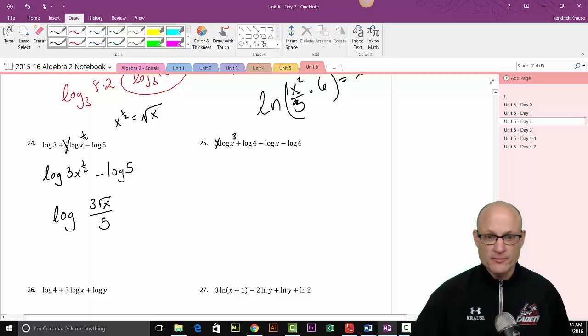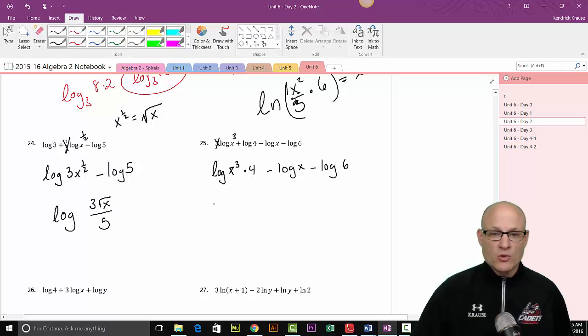Return exponents, 3. And that's it. So this becomes log of x cubed times 4 minus log x minus log 6. Or in other words, this becomes log of 4x cubed over x.